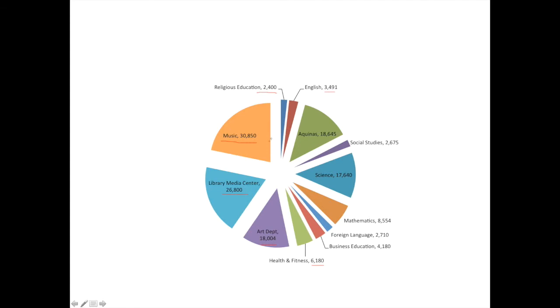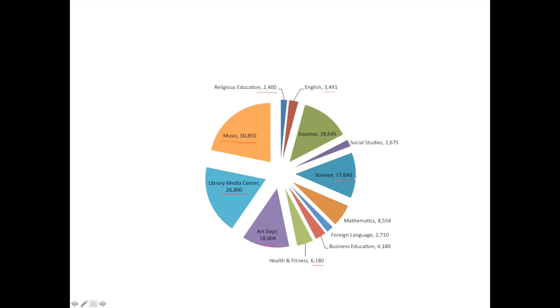Not as much. Now, when you start talking about music, you have to pay for instruments, repair of instruments, if you have particular uniforms. Media, well, that means the magazines cost money. You get books every year. All of those things. Art department, well, you have paints and paper and all the things associated with art.